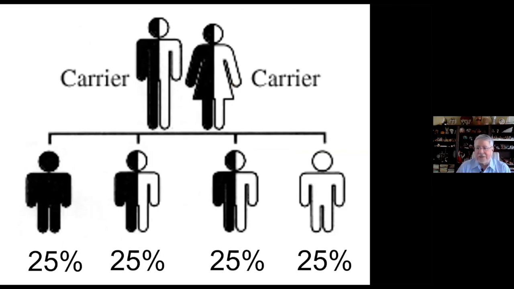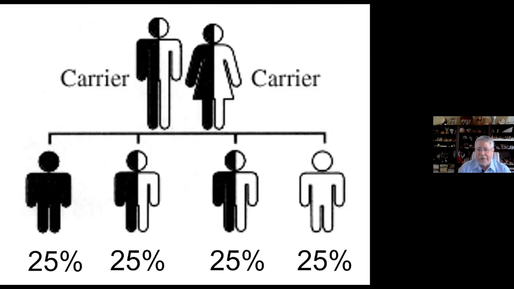And each time this couple has a child, the percentages start over again. So it's like flipping a coin. Sometimes you can flip a coin that's tails, and then the next time it's tails, and the next time it's tails, and the next time it's tails. But if you do this often enough, you find a 50-50 split.